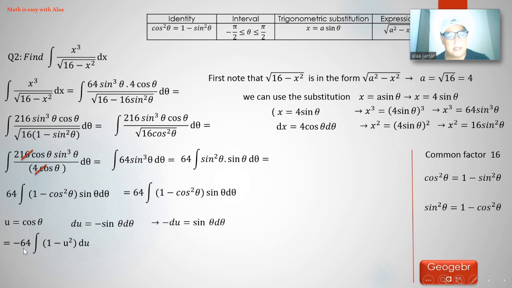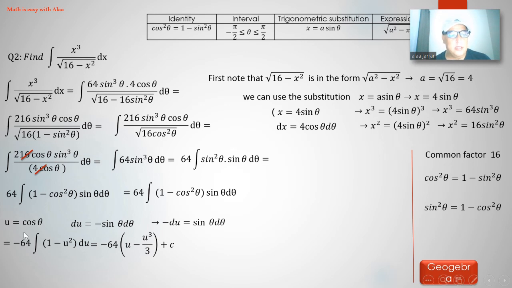It will be minus 64 times the antiderivative of (1 minus u squared) du. Now minus 64 times, the antiderivative of 1 will be u, and the antiderivative of u squared will be u cubed over 3, plus c.